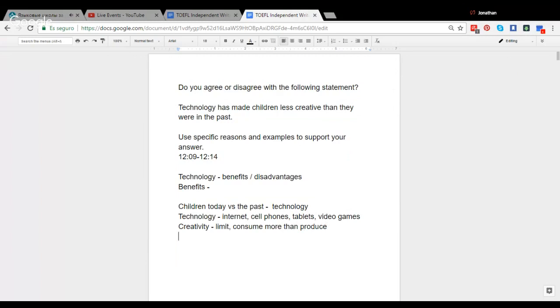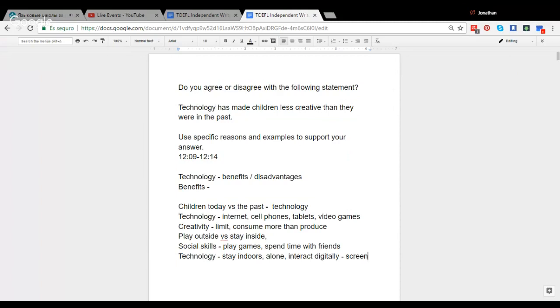So if they're being creative, maybe they play outside, and maybe with technology, they stay inside. What else here? Socializing, social skills. So when you play games, maybe you spend time with friends, and maybe with technology, they stay indoors, alone, and interact digitally, through a screen. So those could be things that, yeah.